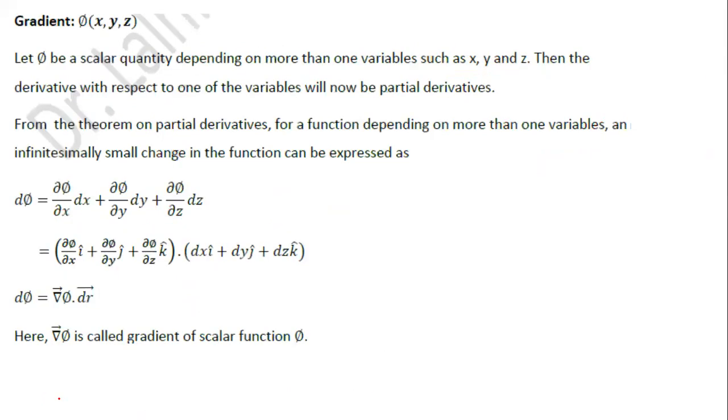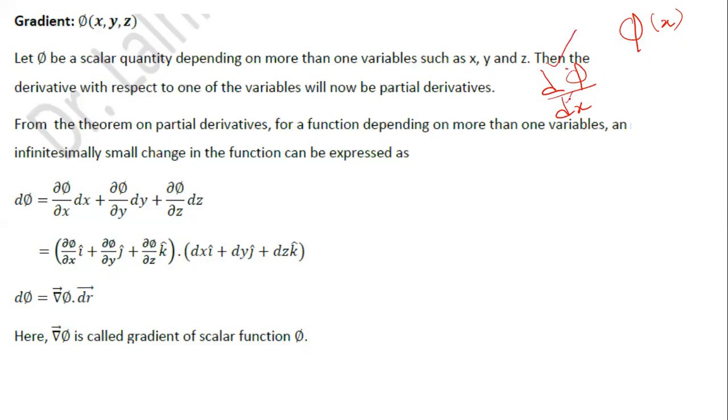Okay, so now let's look into it. Here we consider a scalar function which is a function of x, y, and z. We have already talked about derivative. Derivative is a measure of how quickly a function changes with that particular variable. And also we know that if phi is a function of x only, then differentiation of phi with respect to x is called normal derivative.